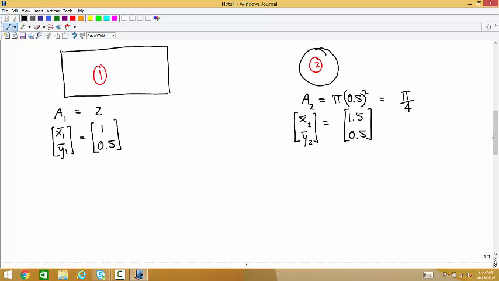And now for the sum formula, or for the centroid, the total centroid is equal to 1 over the total area. In this case, the total area is going to be the outer area minus the inner area. Times the area of the first one times its centroid.